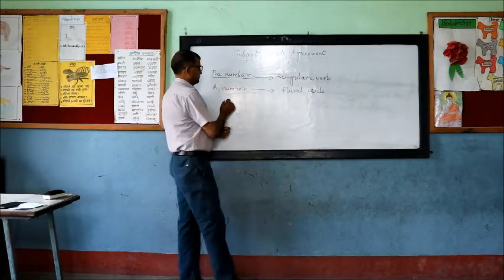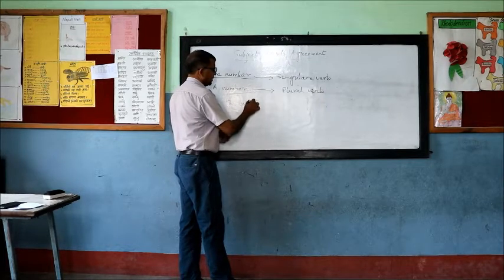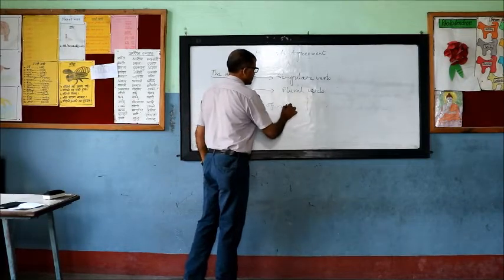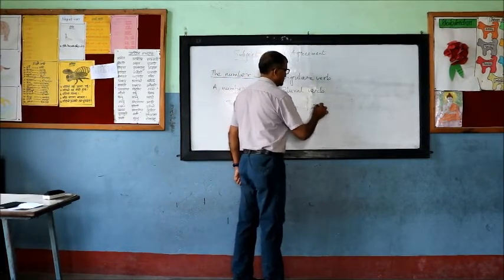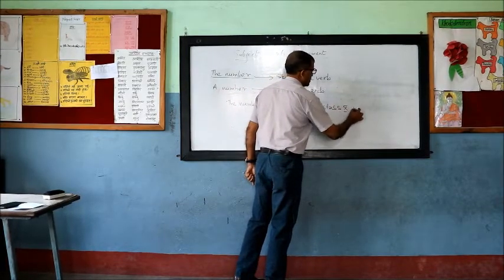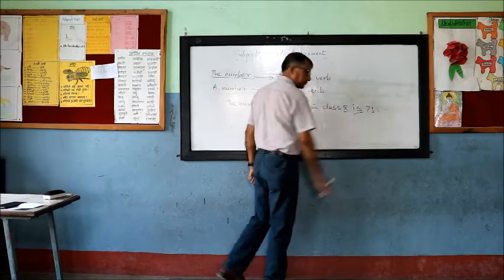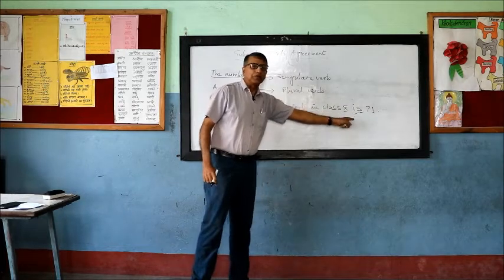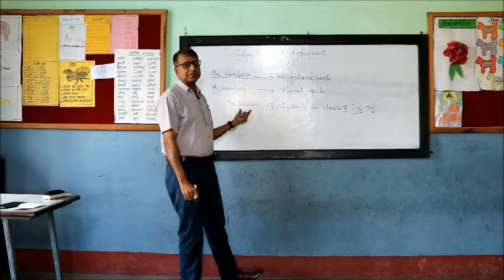For example, the number of students in class 10 is 71. Here we have used is because the subject of the sentence is the number, which is singular.